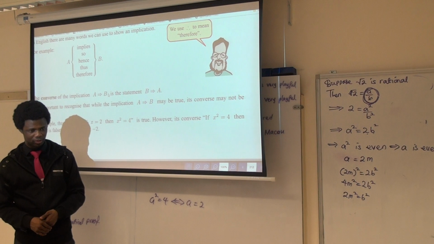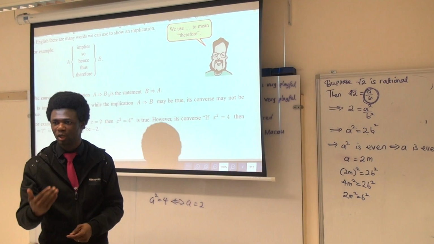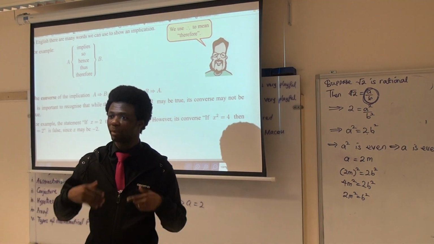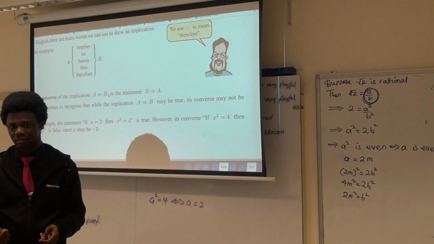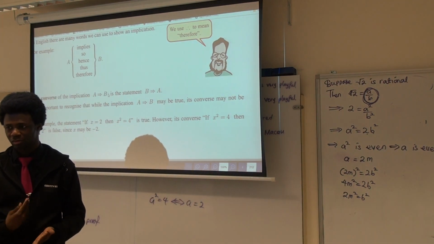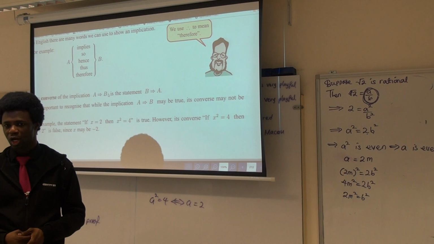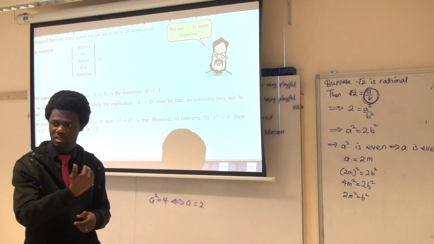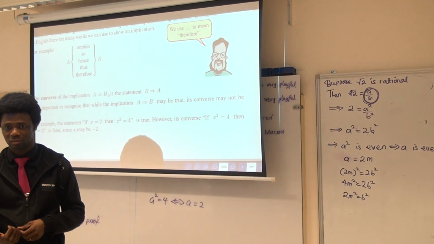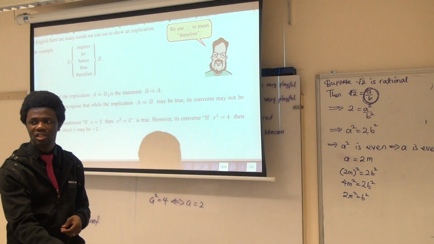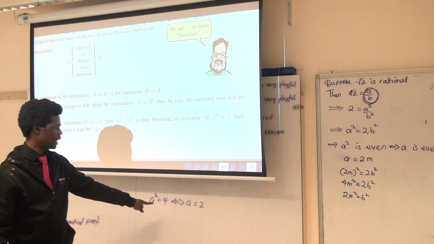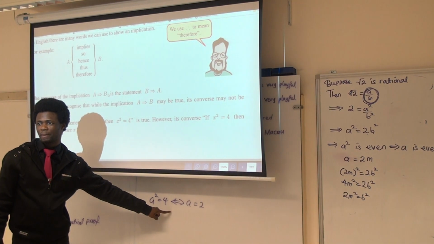Do you understand my point? In the case of implication, the converse may not be true. It could be, but it is not required. Am I making sense? Converse is like the reverse of that implication. So if your converse is true, then you have an equivalence. That's the point I'm trying to make.